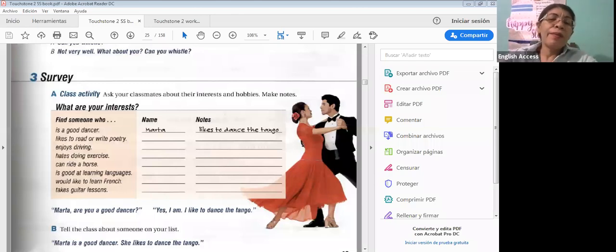Then it says someone who hates doing exercise. What's the question for this one?